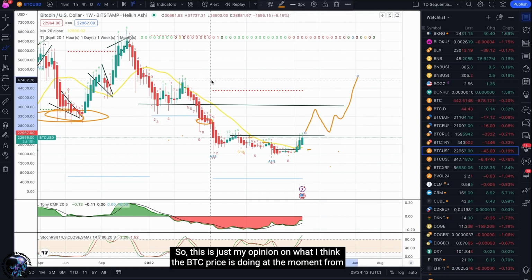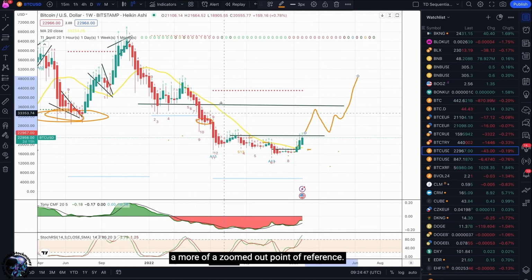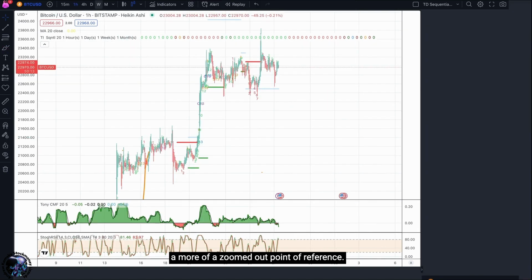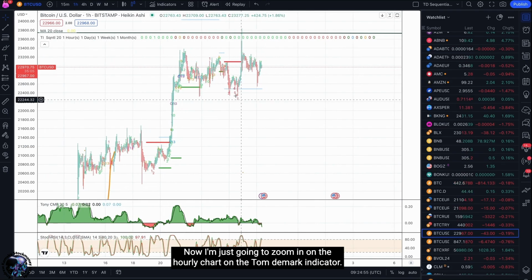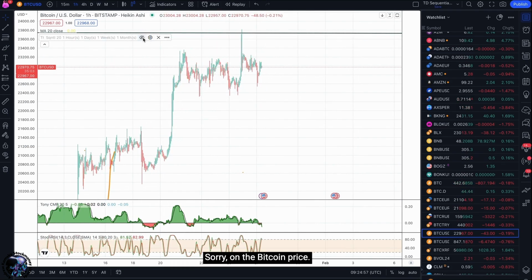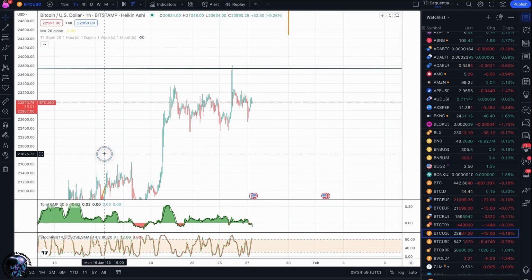So this is just my opinion on what I think the BTC price is doing at the moment, from more of a zoomed out point of reference. Now, I'm just going to zoom in on the hourly chart on the Tom DeMark indicator, on the Bitcoin price.